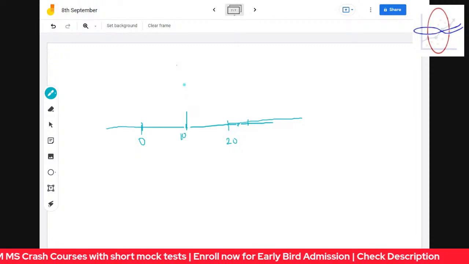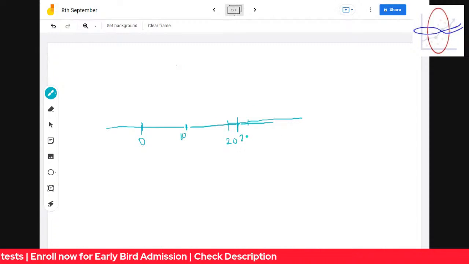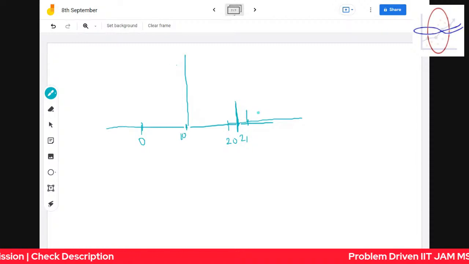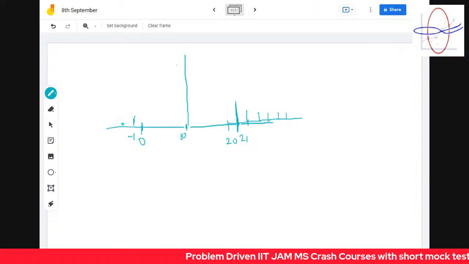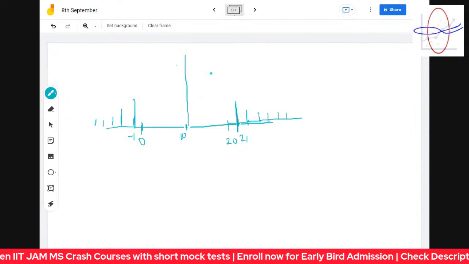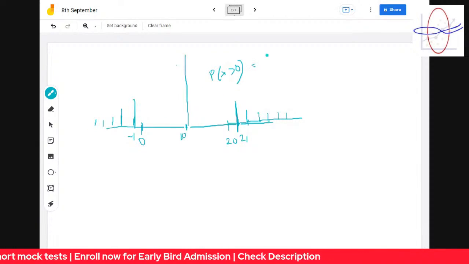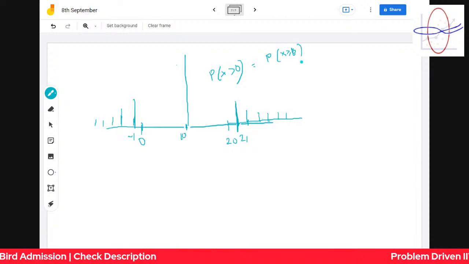So probability x greater than 10 will start from, let's say, 21. Let's say this is a PMF. In this case, probability x greater than 0 is actually equal to probability x greater than or equal to 10, which may be greater than or equal to half.